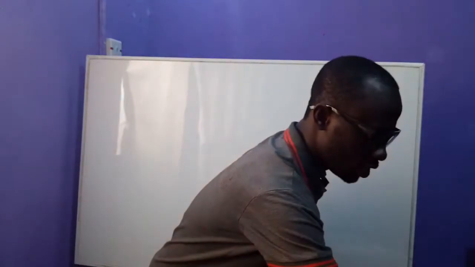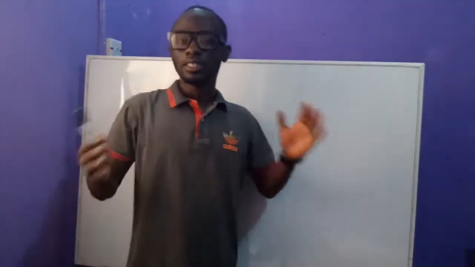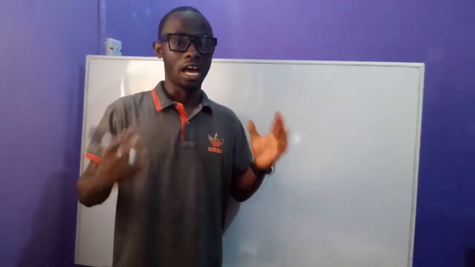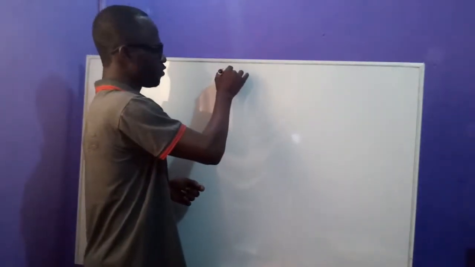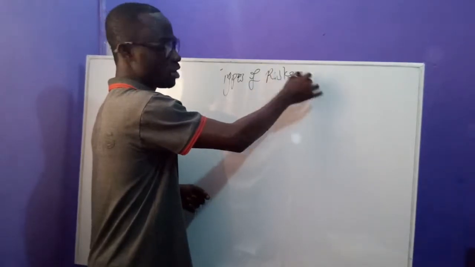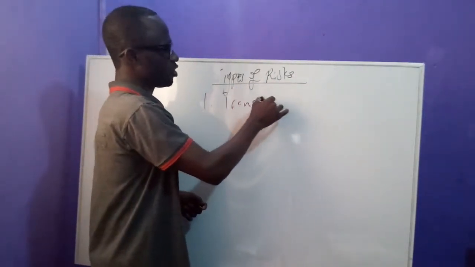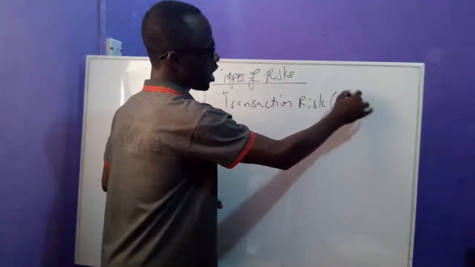Now, generally, when we talk about businesses under this topic of risk management, they are exposed to three types of risks. So let's begin from there. Types of risks. One, we talk about transaction risk, TR.